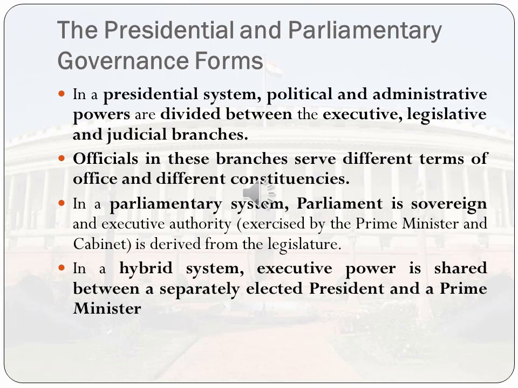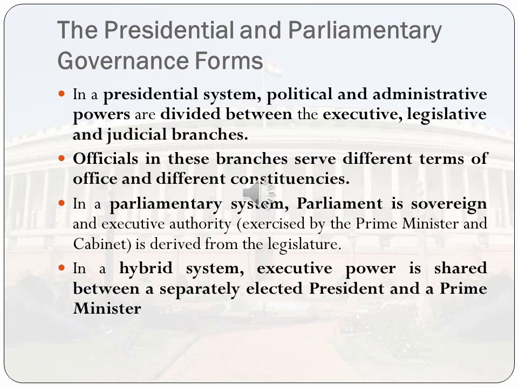In a presidential system, political and administrative powers are divided between the executive, legislative, and judicial branches, and officials in these branches serve different terms of office and represent different constituencies. In a parliamentary system, parliament is sovereign, and executive authority and the power of the parliament is exercised by the prime minister and his cabinet.